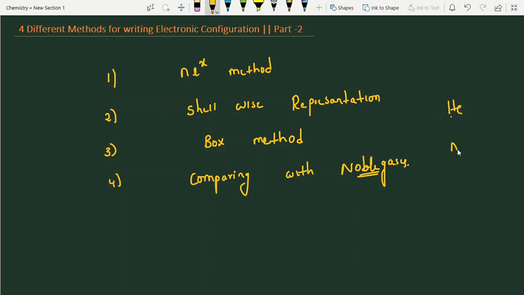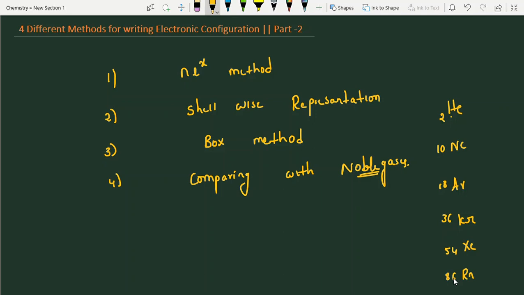Helium, neon, argon, krypton, xenon, radon. Everyone must learn atomic numbers 2, 10, 18, 36, 54, 86. So electronic configuration writing is very easy if you have command and rules.